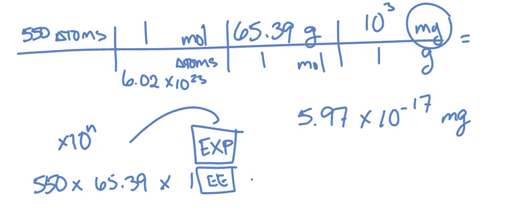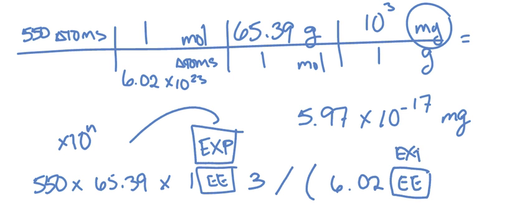So in this case, 1 EE3 should be 1,000. And then you can type divided by, parentheses, 6.02 EE or EXP, whatever calculator you have. Do not get a graphing calculator.